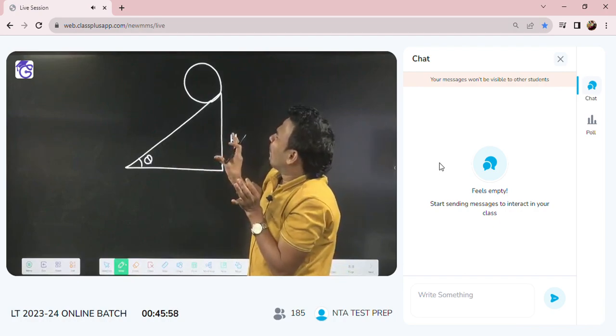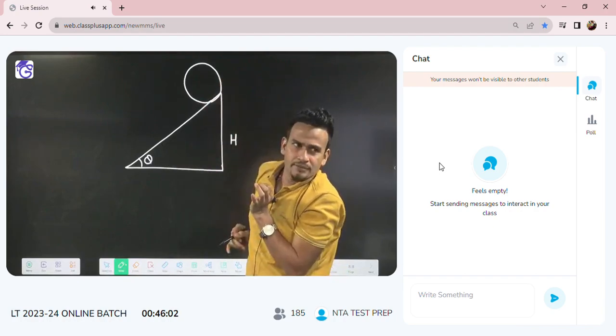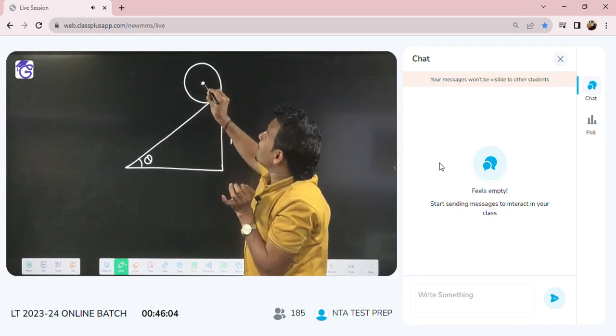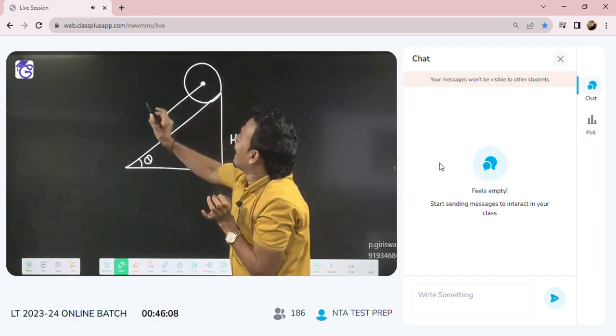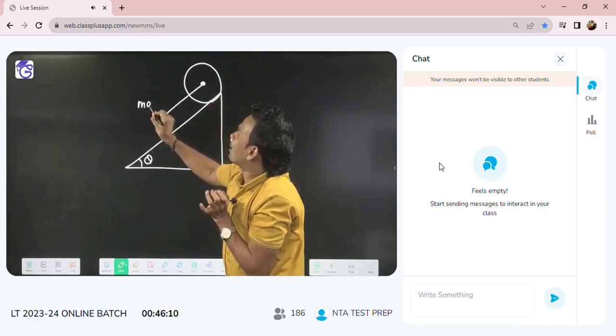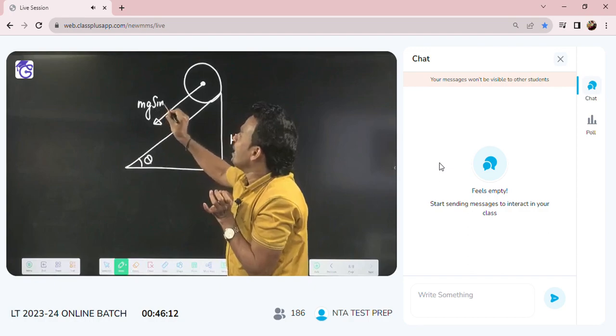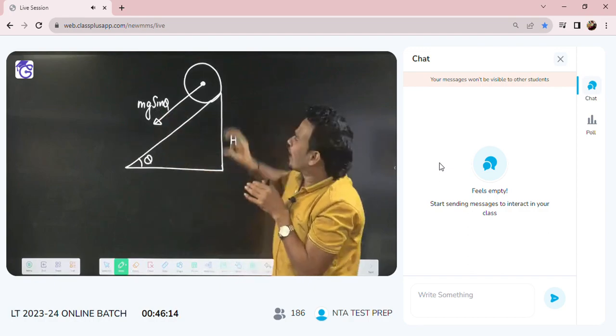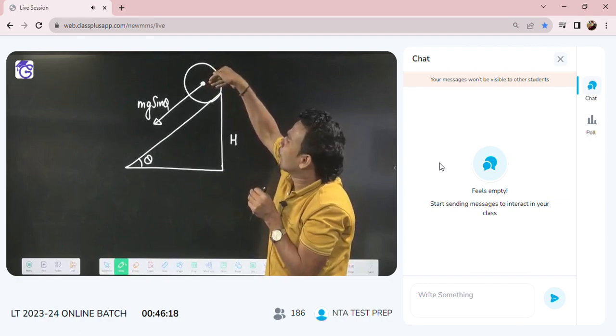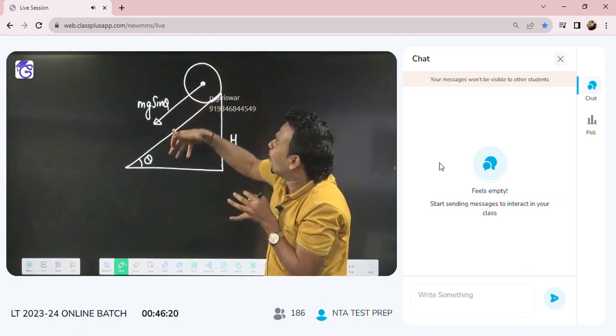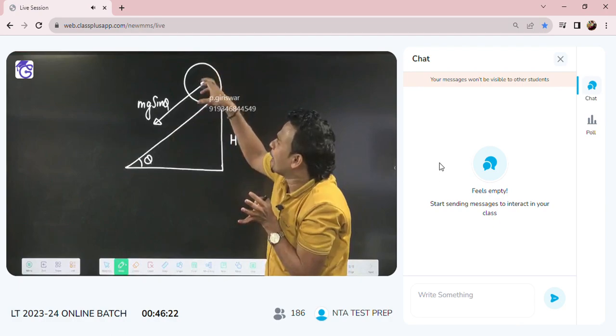Once you leave the body at the top of the inclined plane, what will happen? The mg of the body will try to bring it down. Down the inclined plane, one force will act on the body, that is mg sin theta.